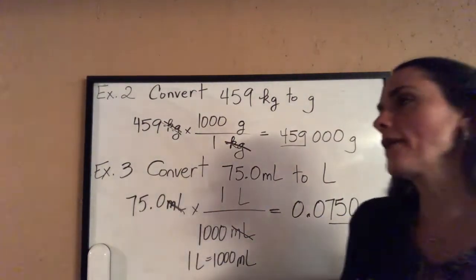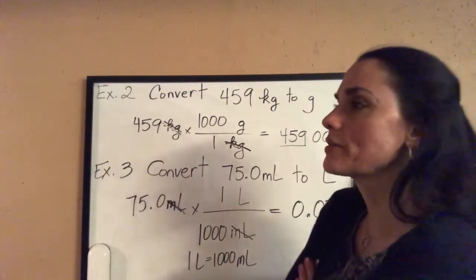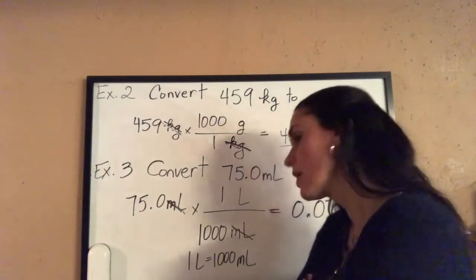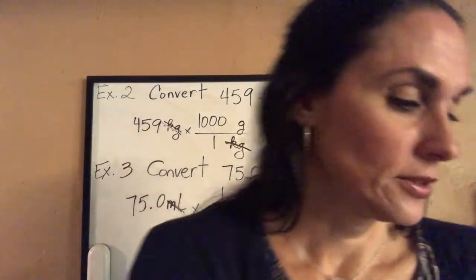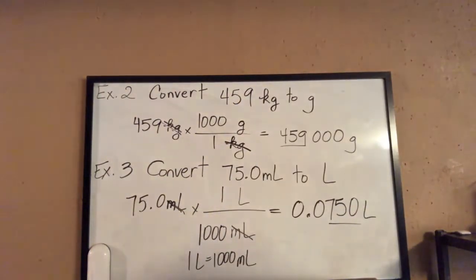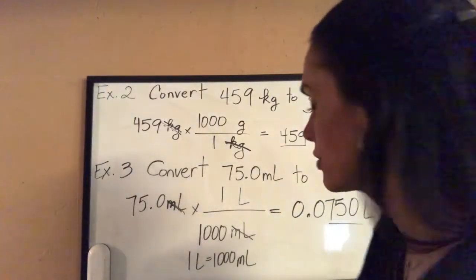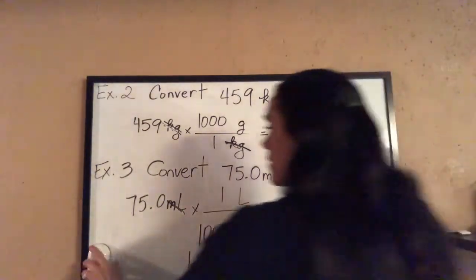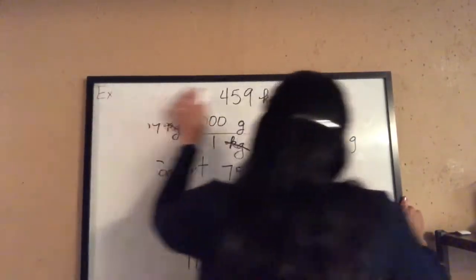Let's say that we have some U.S. customary system measurements that we need to convert into a proper metric unit. In your textbook, Table 2.7 has metric U.S. equalities that I'm going to reference in the next couple problems.